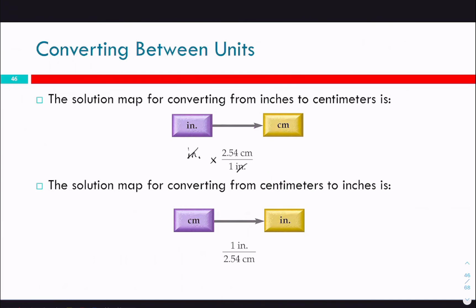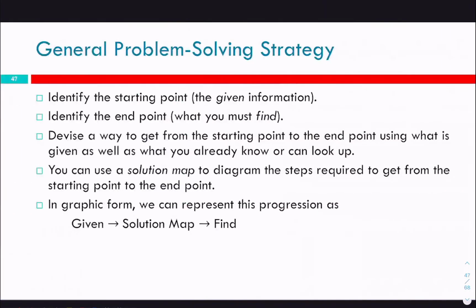Or to do the reverse, if we had centimeters here, if we multiply by 1 inch over 2.54 centimeters, again, centimeters cancels out. For single step stuff, maybe it can help to just see, I'm going from these units to these units, and write that out. Definitely, if that helps, then do it. But it can be especially helpful for more complicated problems.